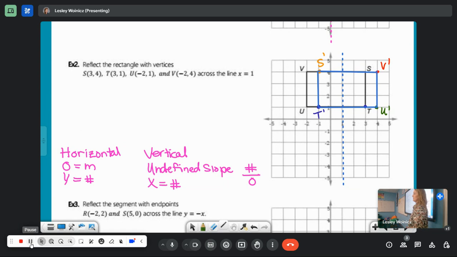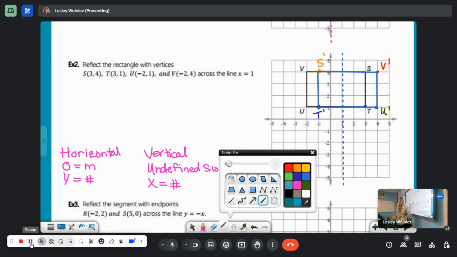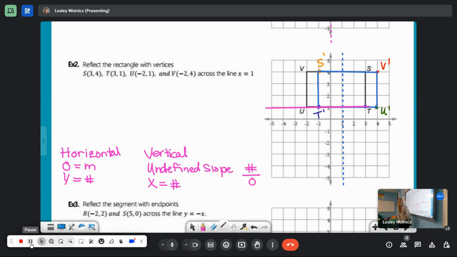Easy peasy lemon squeezy. Okay, so if we were reflecting in the line y equals 1, y equals 1 would be here. So we would go this way. Everybody able to visualize what that would look like?